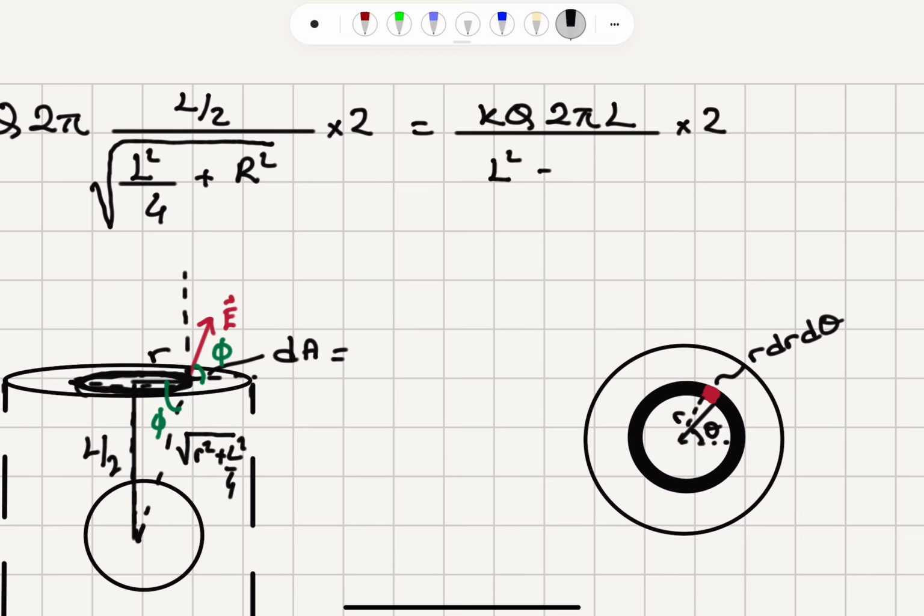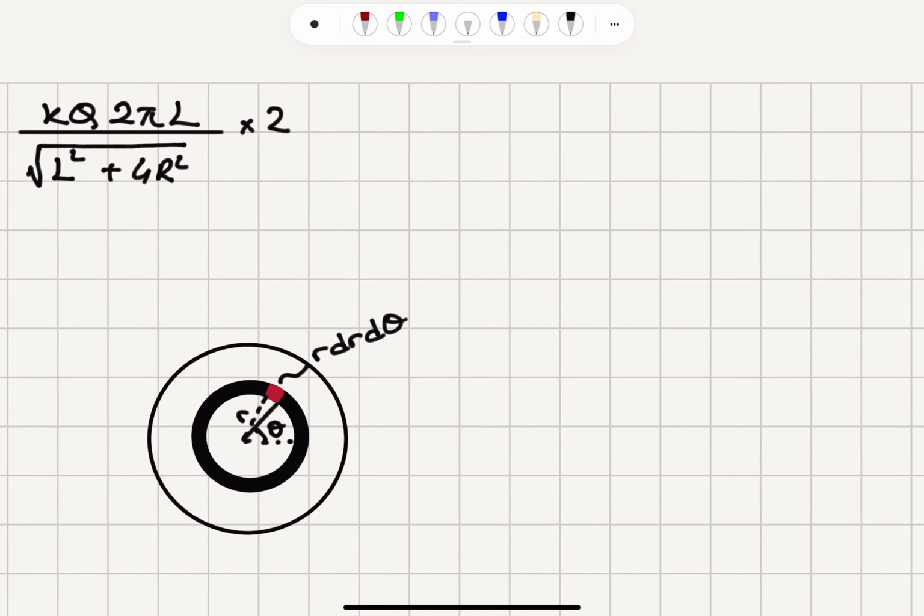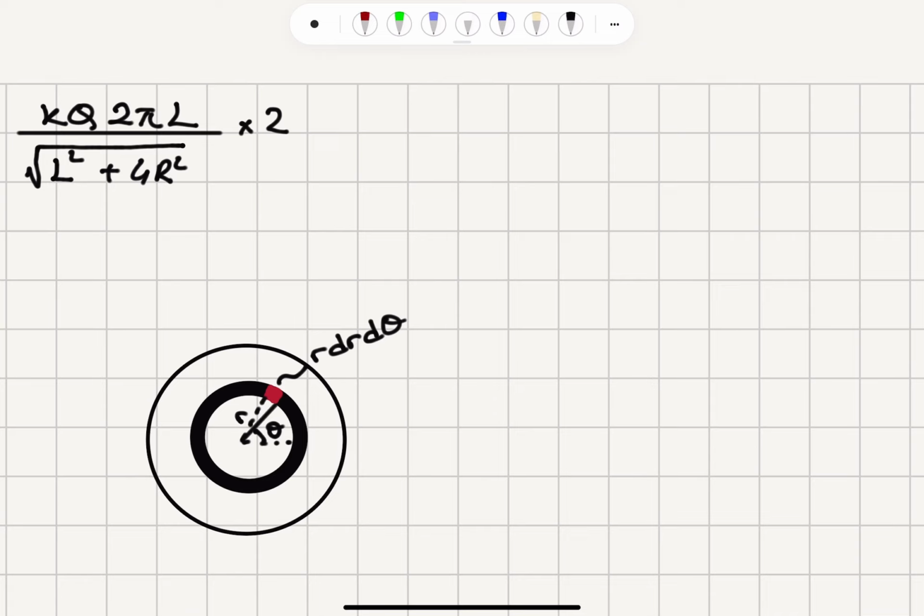L squared plus 4R squared square root. So this 2 comes from this 4 here, L squared plus 4R squared divided by the square root of 4. That is basically 2. So I get my final answer when I substitute for k, 1 over 4π epsilon 0.